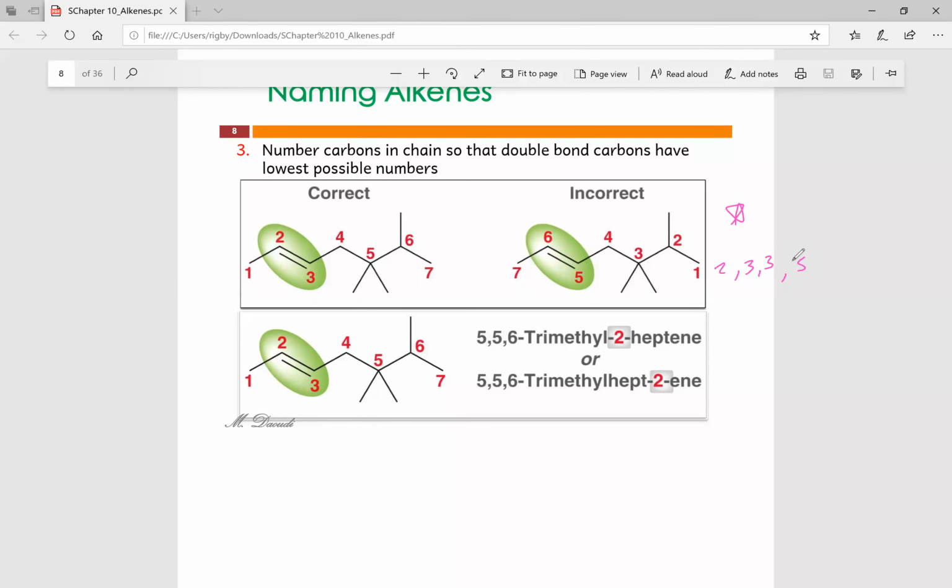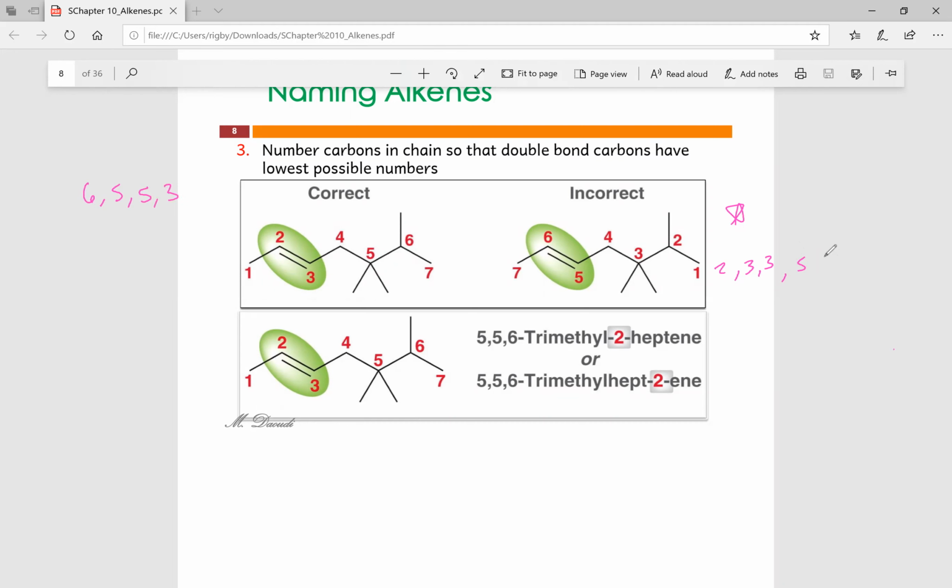I just want to talk about this first, as an example, outside of using an alcohol along with an alkene. So we can see here that if we use the incorrect naming system, we give our substituents 2, 3, 3, 5. And then when we look at the correct numbering, we give our substituents 6, 5, 5, 3.